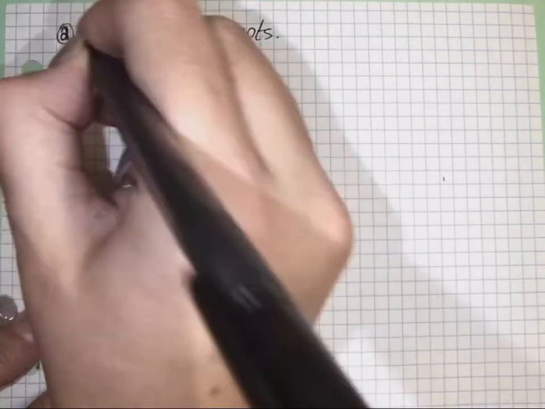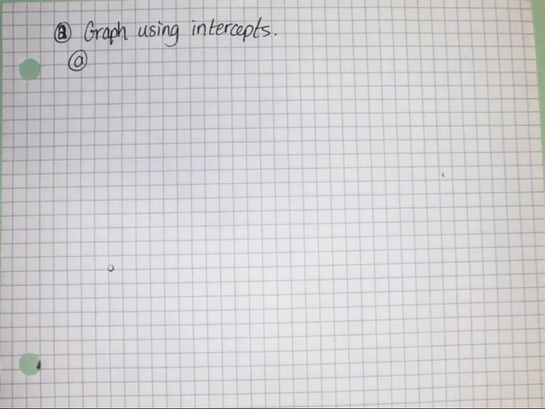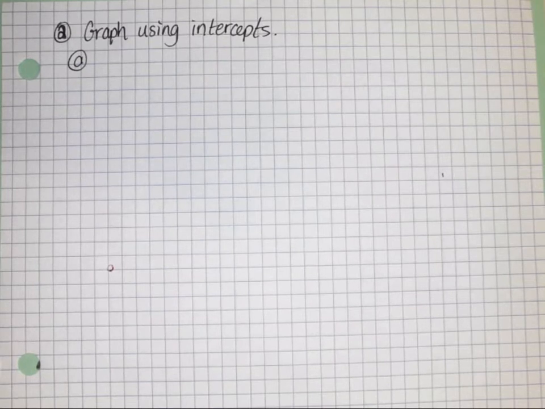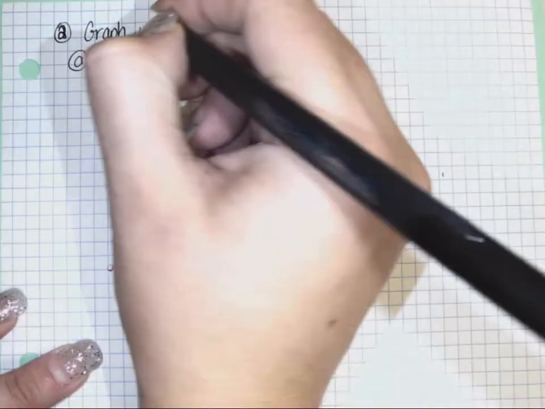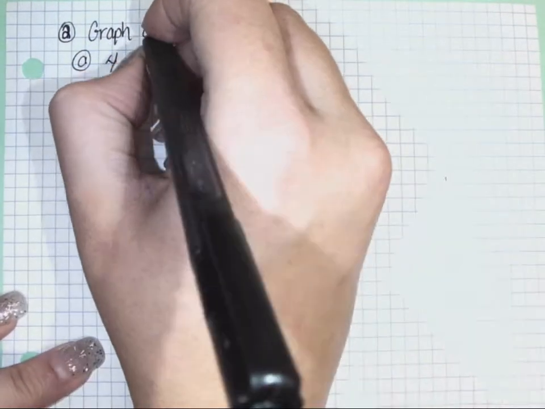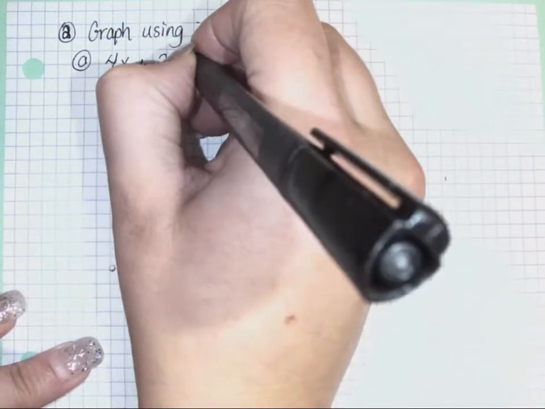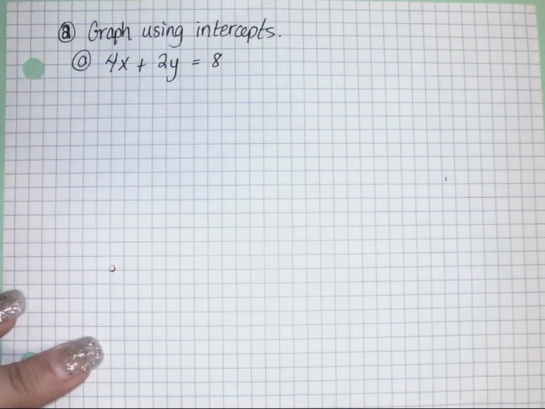In part A, let's say that I have 4x plus 2y is equal to 8.